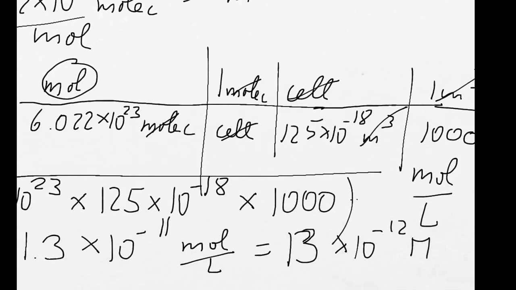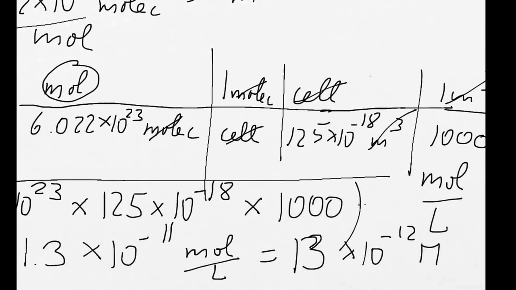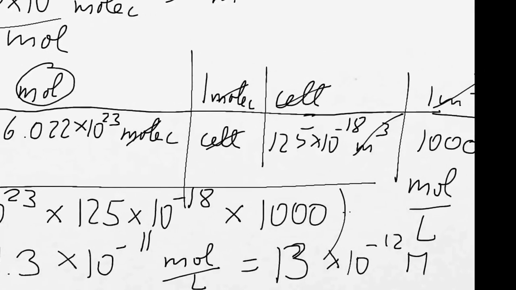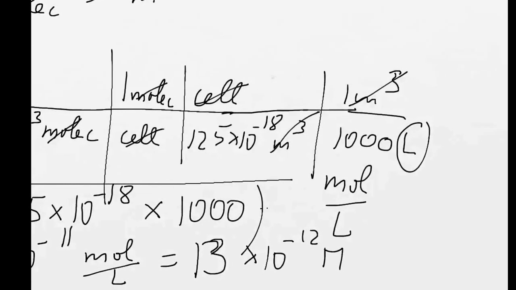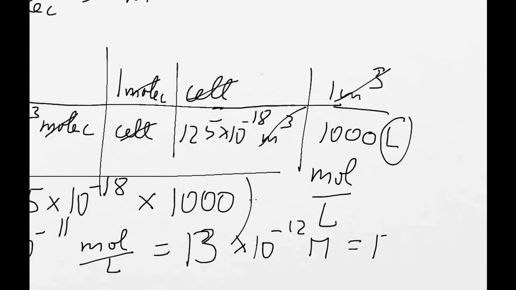What is 10 to the minus 12? Pico, yes. Exactly. So that is 13 picomolar. That's the concentration of one DNA molecule in a prokaryote.